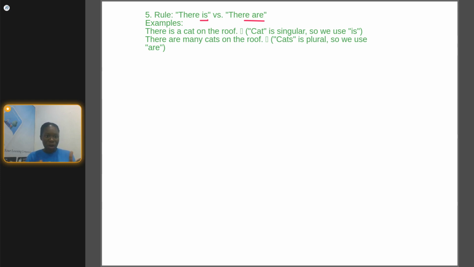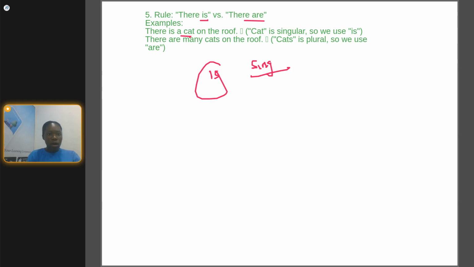So there is a cat. A cat means one. Because we are referring to one subject, we are using is. One subject means it is singular, so you use the verb is.